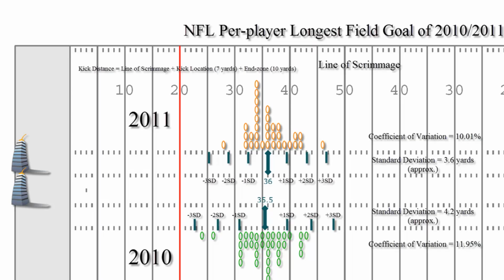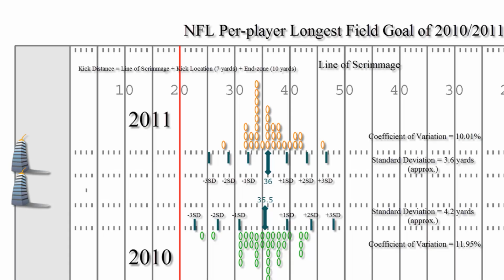Now here's 2010. Here the mean was 35.5 and the standard deviation was 4.2 yards. So in this case, the 2010 line of scrimmages for the longest field goal kicks was a little bit wider. It had a wider distribution. The standard deviation was a little bit longer. And you can actually visually see that.